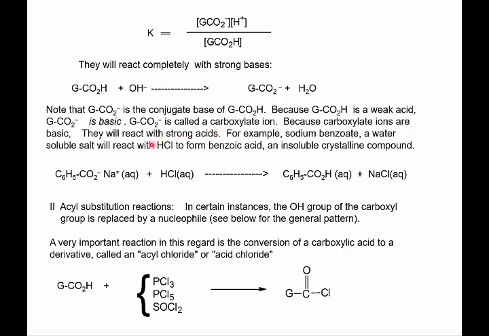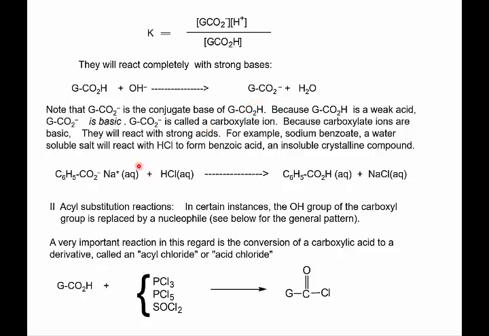Now, one of the things to also recognize here is that this product, the carboxylate ion, is the conjugate base of this carboxylic acid. A general rule: the conjugate base of a weak acid is a weak base. And you can have the carboxylate as the anion component of a salt, as we saw previously about nomenclature. Here's an example.